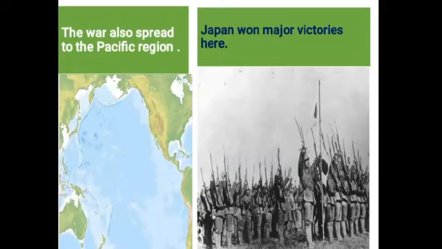The Pacific region is in between North America and Eastern Asia. Here we have the Pacific Ocean, and this region is known as the Pacific region. Japan won major victories in this region.